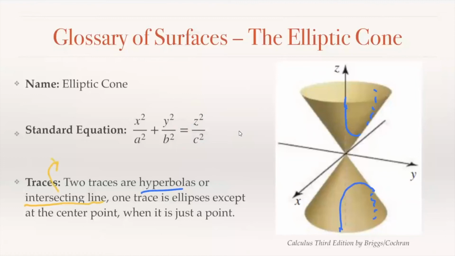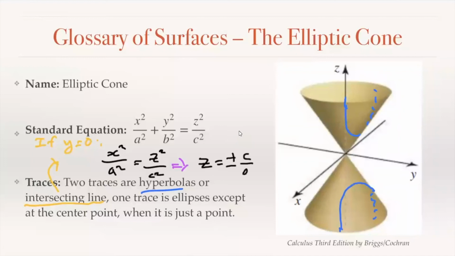Let's illustrate that here. If y equals 0, then we have x squared over a squared is z squared over c squared, which implies that z is equal to plus or minus c over a x.